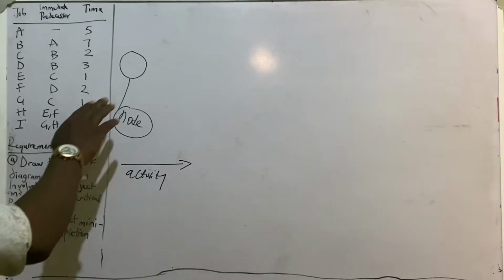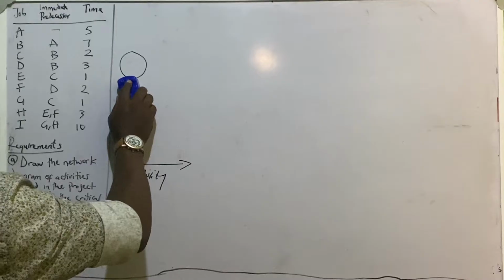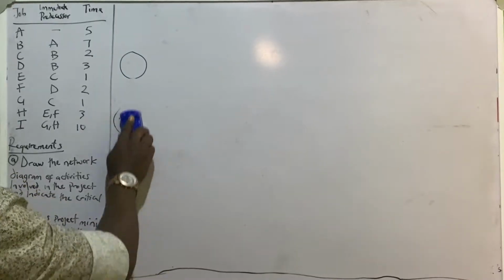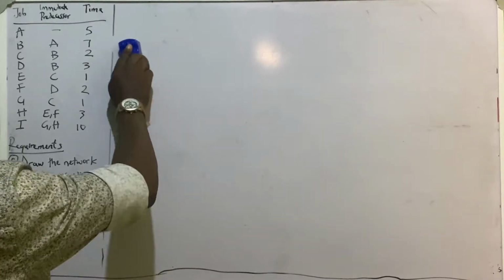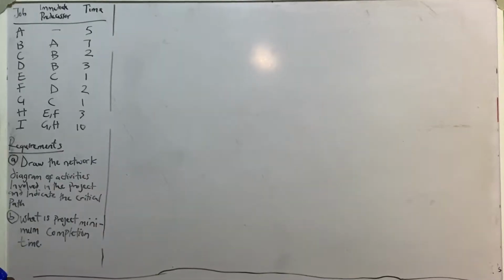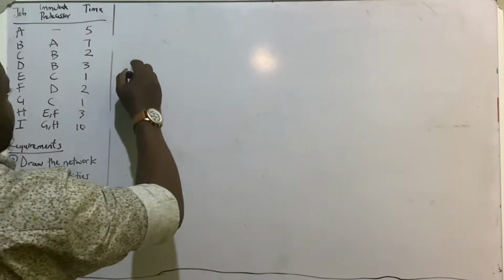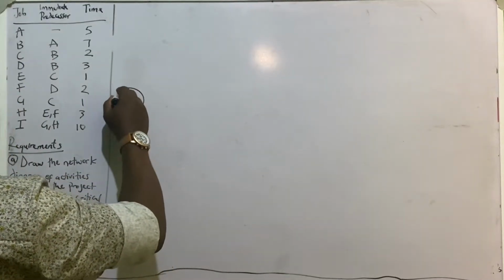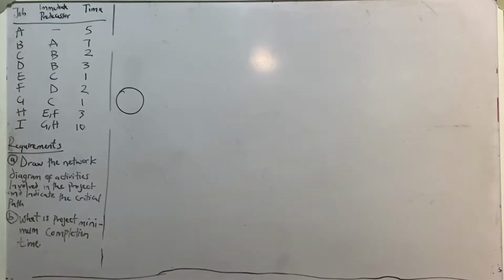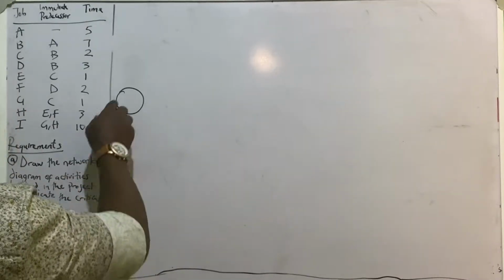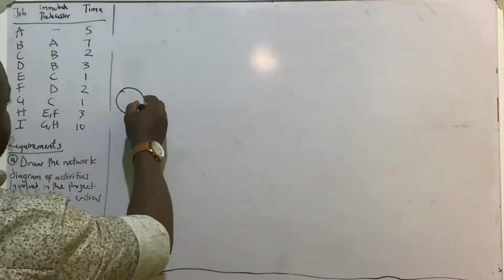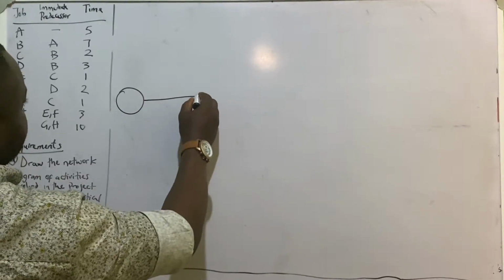The first will be the base activity, which is A, starting from nothing, if you like. This is the first node, and this is our A, taking off from nothing.